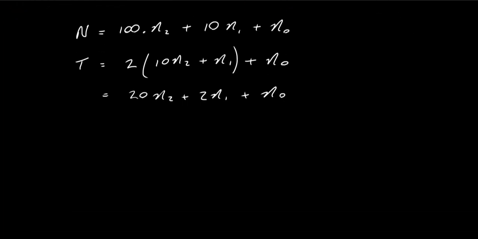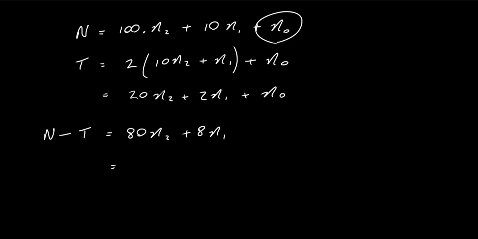Now we're going to just subtract these again. So we're going to take the n minus t. So that'll give us 100n2 minus 20n2, that's 80n2. We're going to take the plus 10n1 minus 2n1, so that's plus 8n1, and then this n0 here will just cancel.